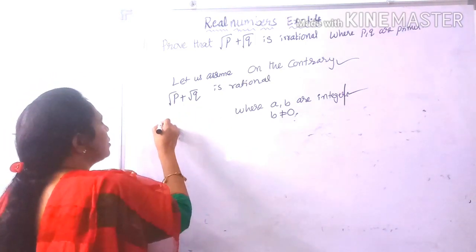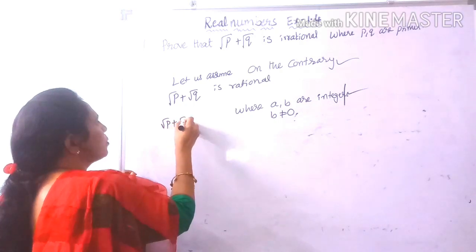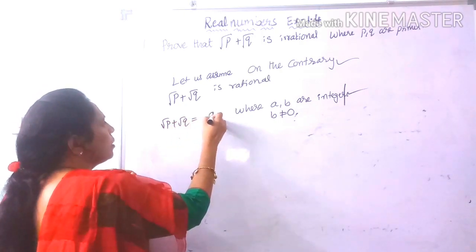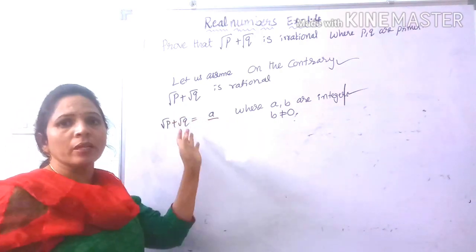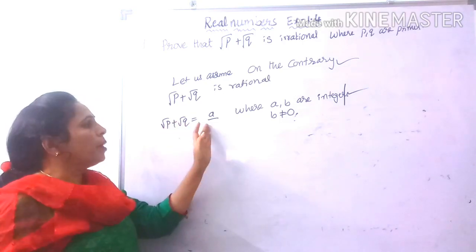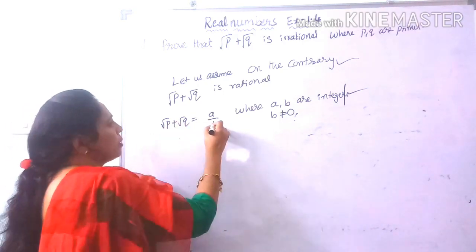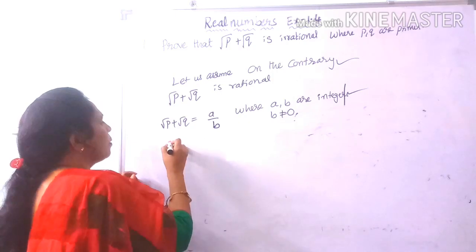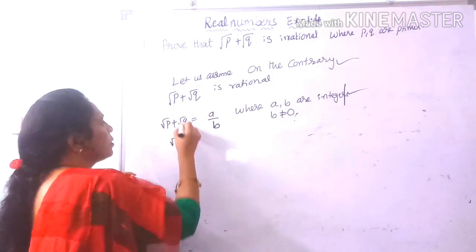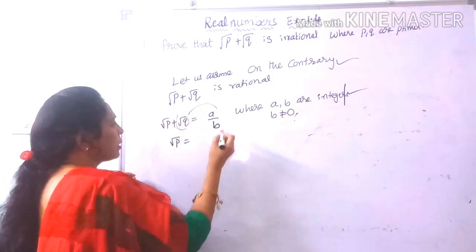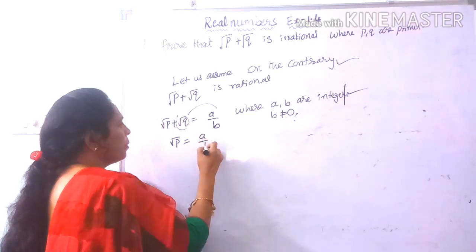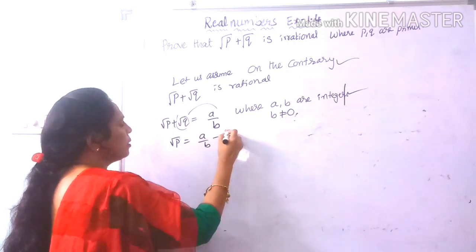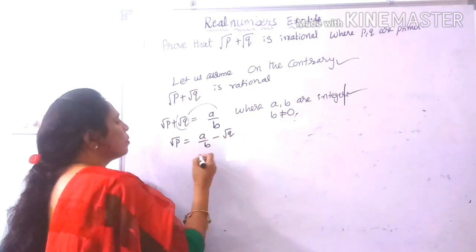Rational means root p plus root q is equal to a rational. If it is rational, it is of the form a by b. So here root p is equal to a by b, this root q taken to the other side, the symbol changes to minus root q.